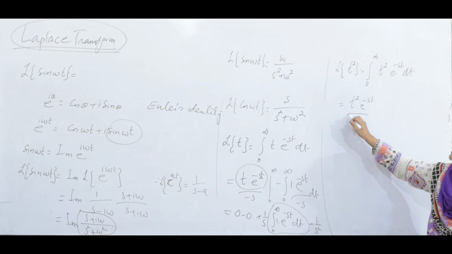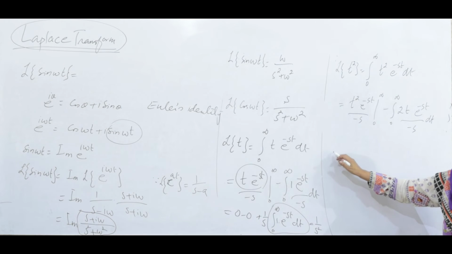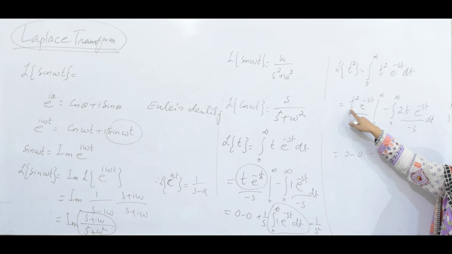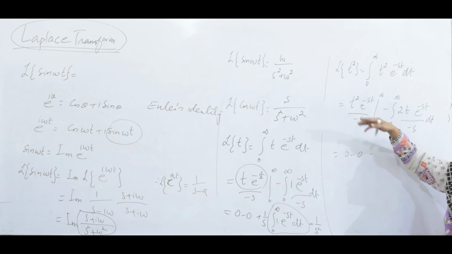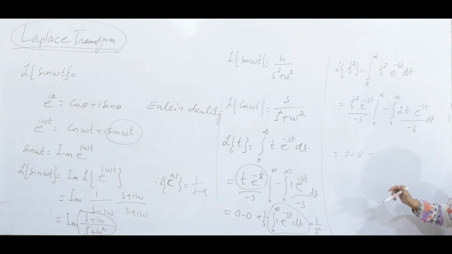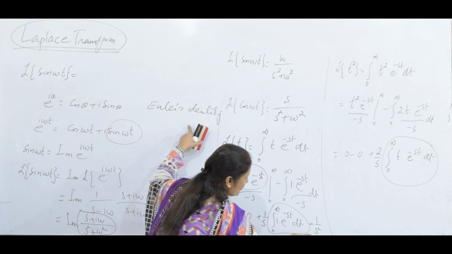The boundary term vanishes by the upper and lower limits. What remains is 2 over s times the integral of t e^(-st) dt, which is the Laplace transform of t, 1 over s square.